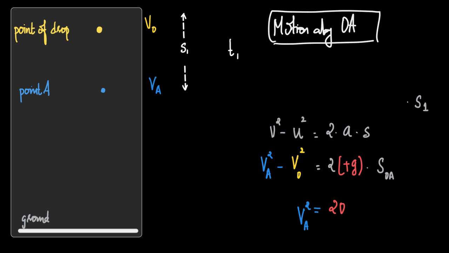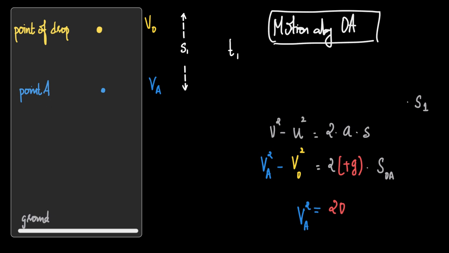And you are correct to guess that when we apply the concepts in work energy power, we'll be using the same motion along OA, but instead of using equations of motion there, we'll use the law of conservation of mechanical energy along this path. Okay. Now, what is v square? It is the final velocity. What is the final velocity? Velocity at the final point. What is the final point?